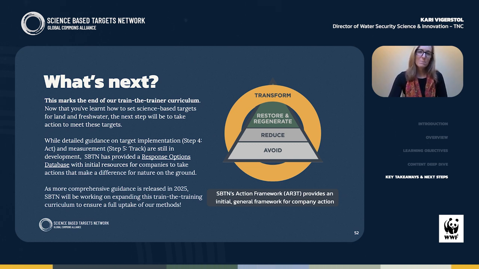In the meantime, SBTN's Response Options database provides initial resources for companies to take actions that make a difference for nature on the ground using the Action Framework, AR3T, a general framework for company action to avoid and reduce pressures on nature loss, regenerate and restore so that nature can recover, and transform underlying systems in which companies are embedded to address the drivers of nature loss.